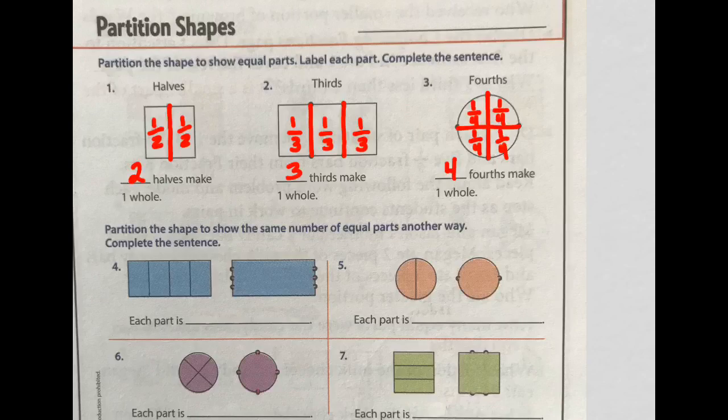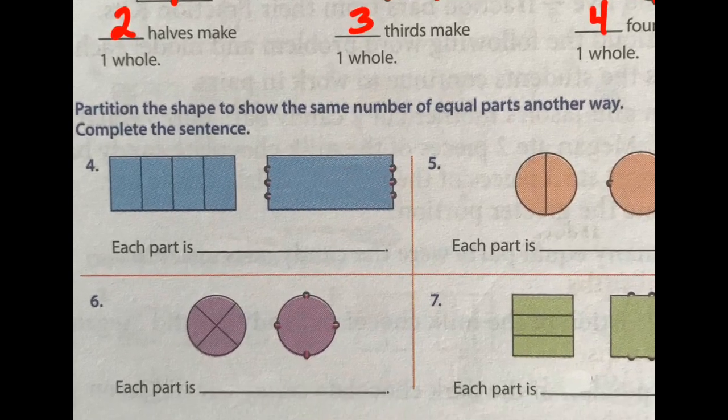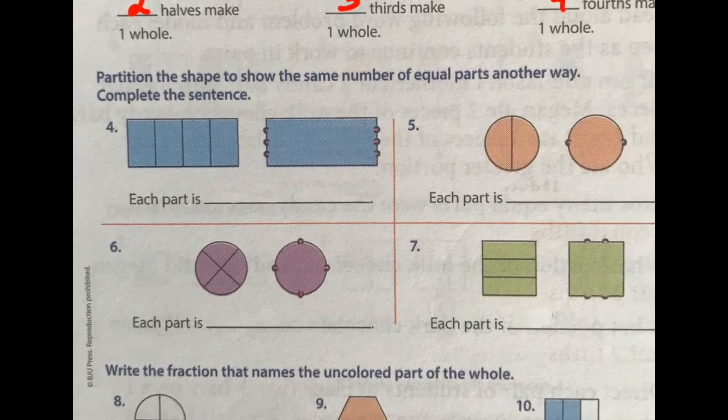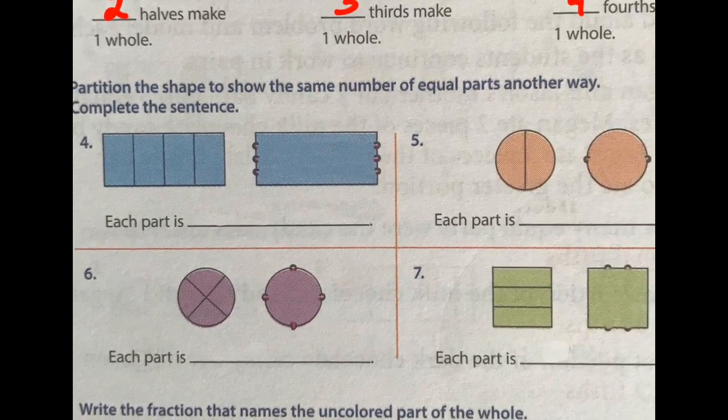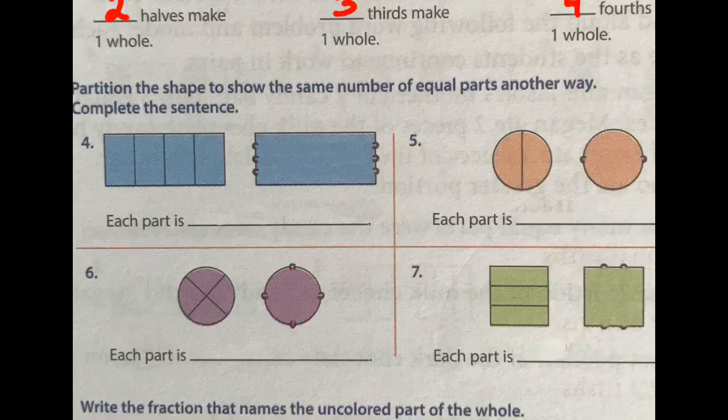and 4ths. Now, number 4, 5, 6, and 7, we're going to partition the shape to show the same number of equal parts another way, and then complete the sentence. Okay? So, if you look at number 4, you can see that the cuts are up and down, like this.